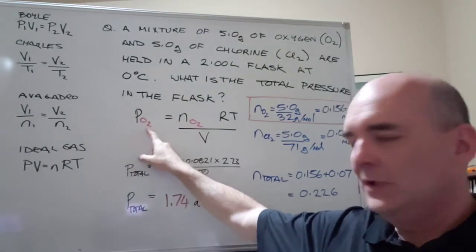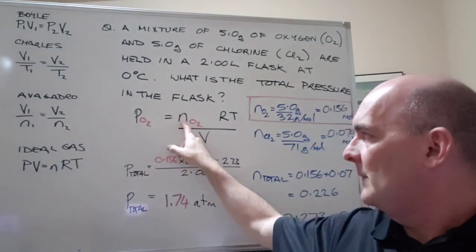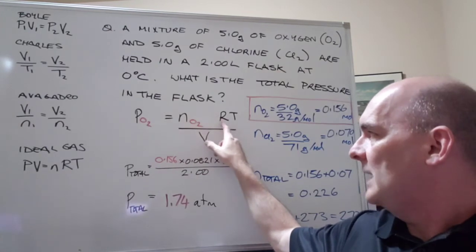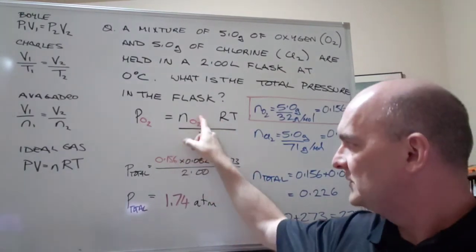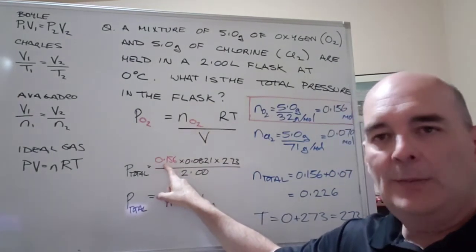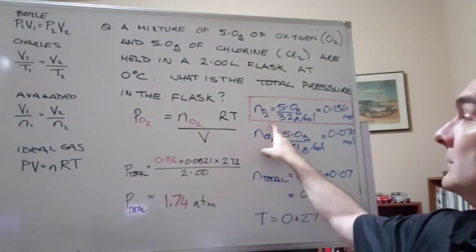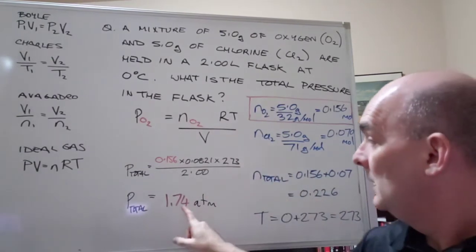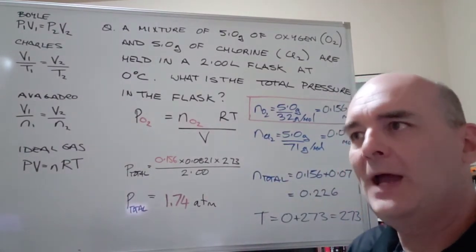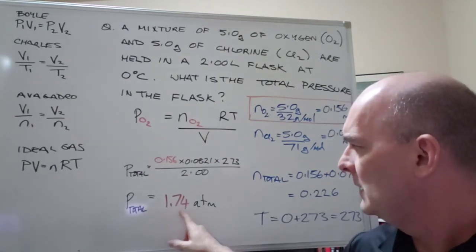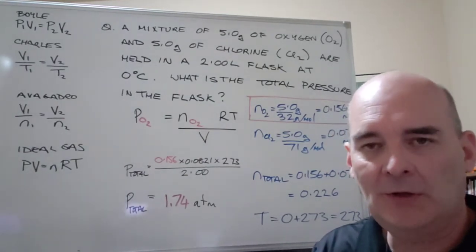The pressure of oxygen in this mixture is the number of moles of oxygen times R times T divided by V. So all I have to do is substitute in that number of moles from right here. And I find that of the 2.5 atmospheres of total pressure, 1.74 of that belongs to the oxygen.